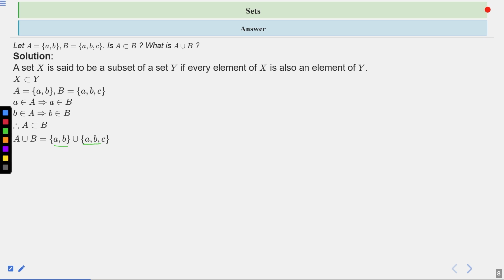So the collection in A union B will be a, b, c. So a, b, c will be your set B itself. Clear? And this also illustrates a property which says that if you have a subset A of B, then A union B will be the superset. And here in this case, the superset is B. I hope this property is clear to you.